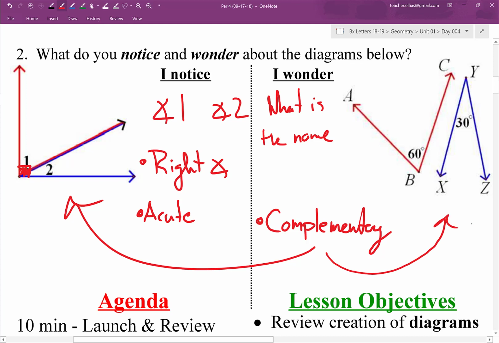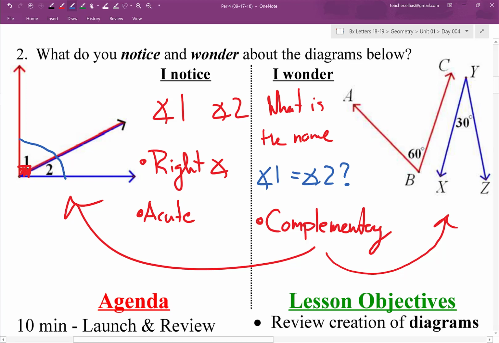A wonder that I would add, for the first picture, is I wonder if angle 1 is equal to angle 2. No. What do you think, Joel? Why not? What do angle 1 and angle 2 have to do?